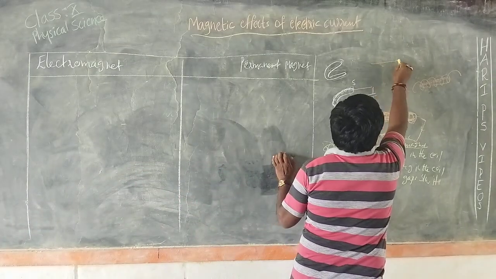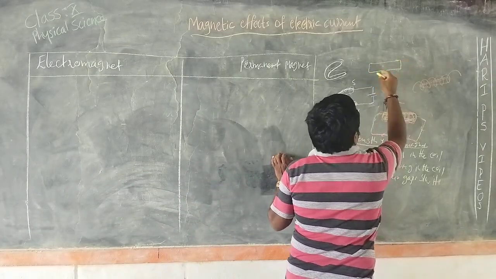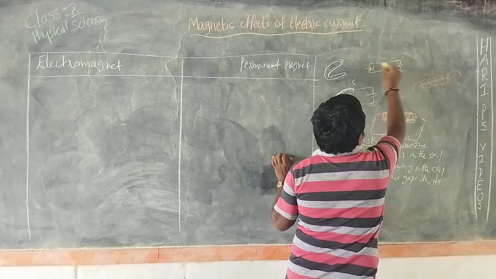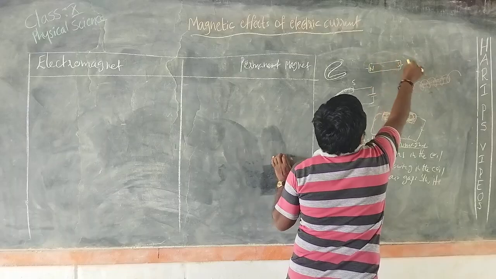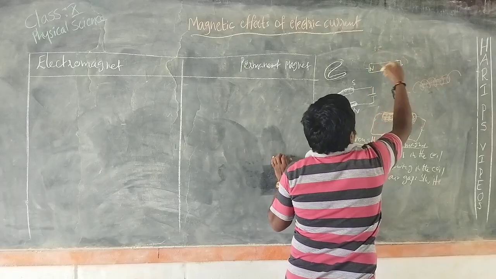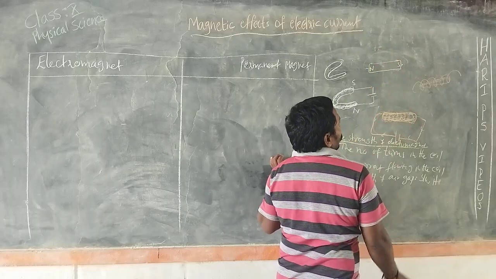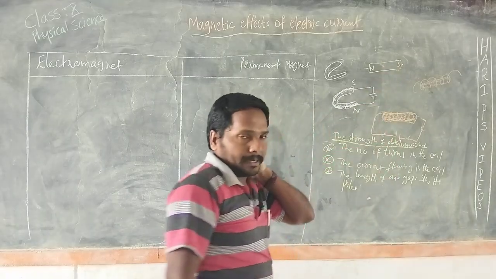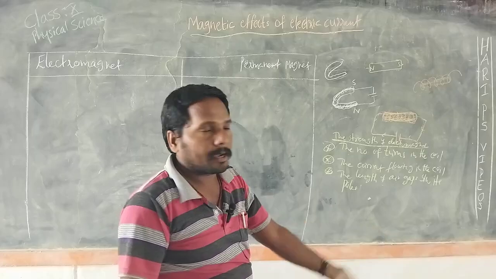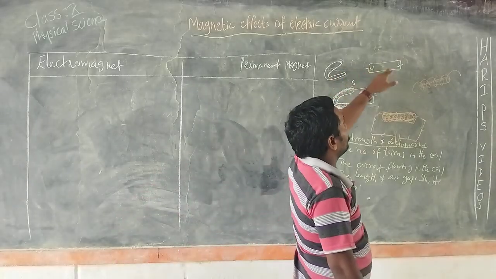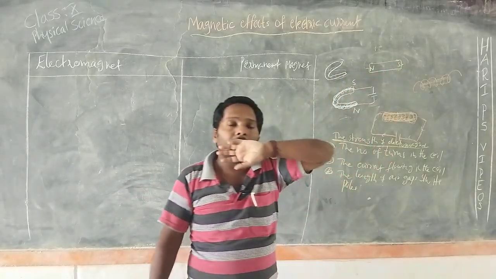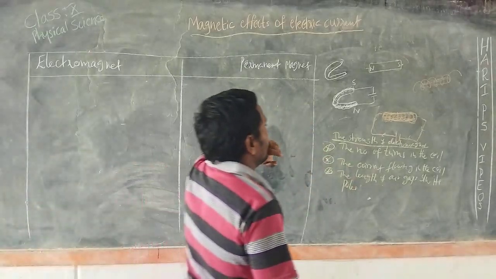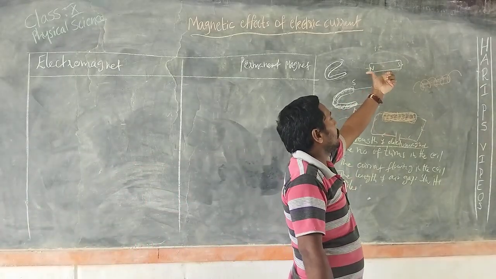In a case like this, between the north and south poles, the air space is more. So if the electromagnet is like a bar magnet, then the strength of its magnetic field is less because of the air gaps.